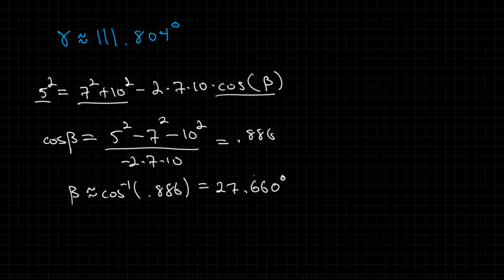So beta is approximately 27.660 degrees. Then once you have gamma and beta, you could use the law of cosines again to figure out alpha, or you can just simply say that alpha is 180 degrees minus gamma minus beta, and that gives me 40.536 degrees. And once again, of course, this is approximate.